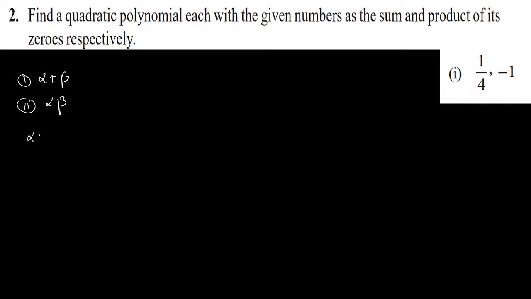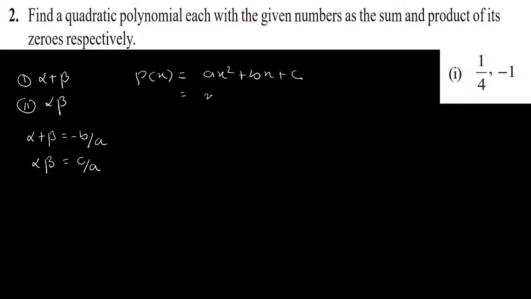We already know that alpha plus beta is minus b by a, and alpha beta is c by a. Any polynomial can be written as ax square plus bx plus c. If I divide by a, I will get x square plus b by a x plus c by a.